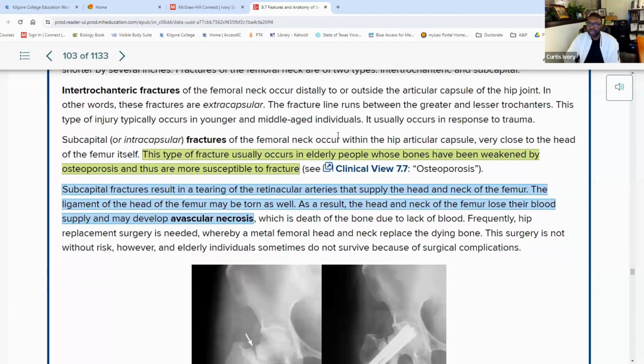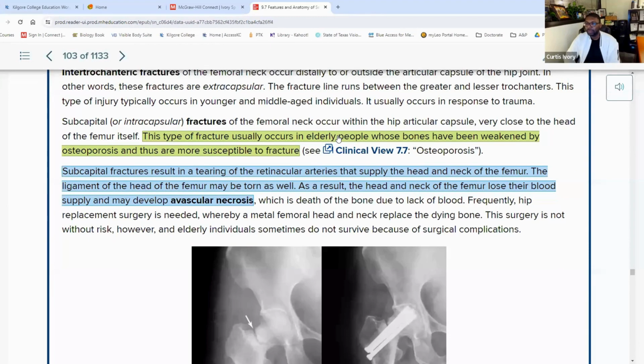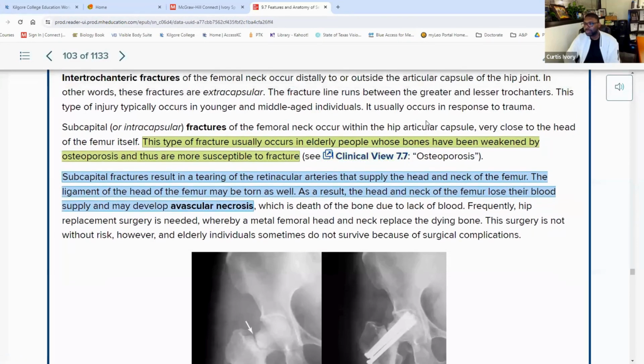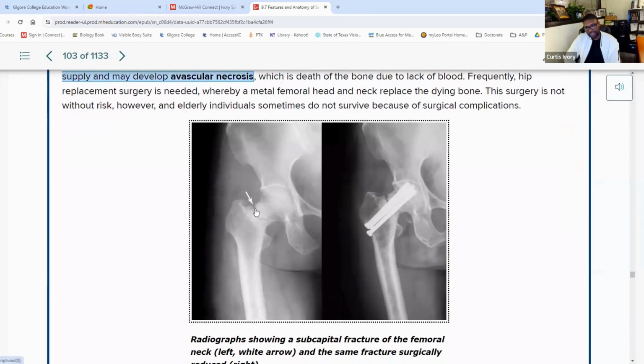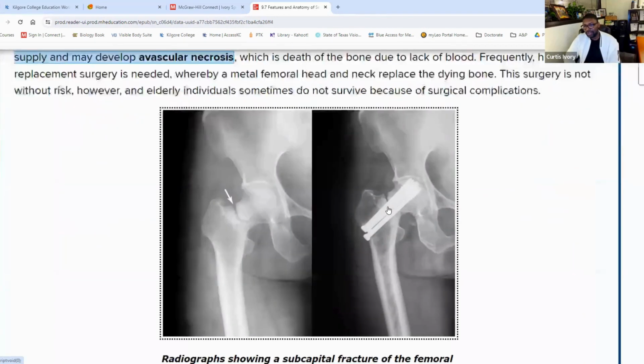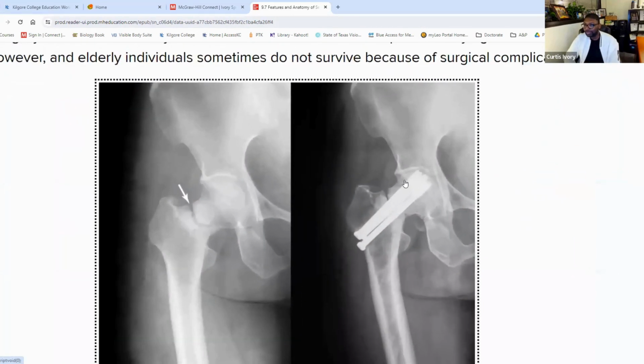To fix that fractured hip, which typically happens in elderly people due to osteoporosis or osteomalacia, we can see here in this x-ray that the neck of the femur has been cracked or broken. So to fix that, you can see here they've put in screws.